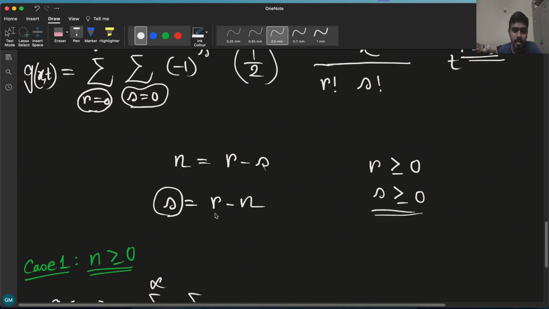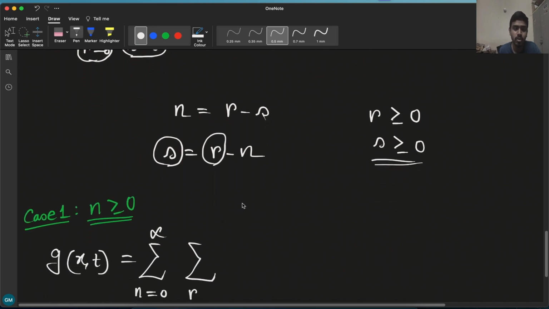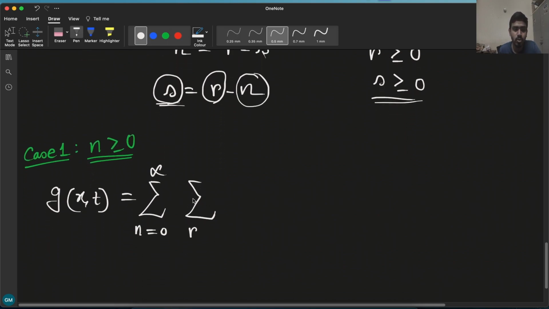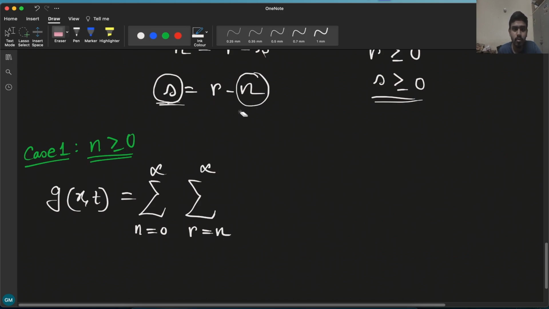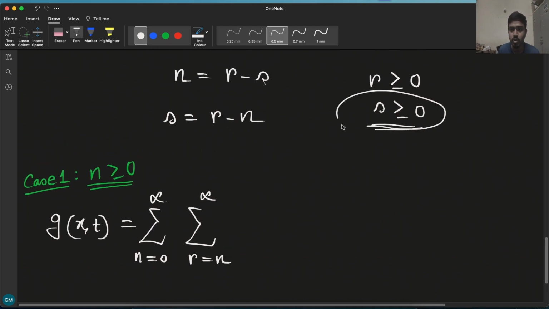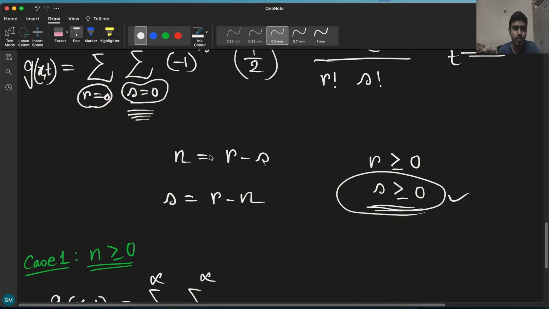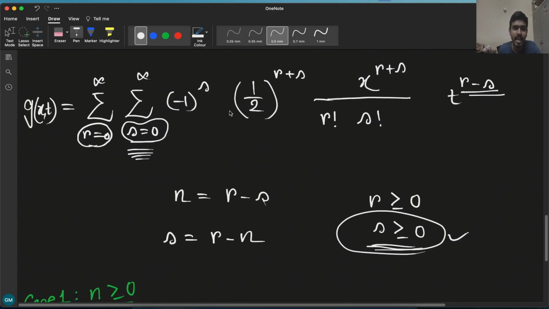So this r should not go from 0, because for any positive value of n, s can take negative values if r is going from 0. So r should start from n. In that case, s will start from 0. So r should start from n to infinity. For a particular value of n, r should start from n to satisfy this s greater than or equal to 0 condition, because our summation was starting from s equals 0. And I will replace this s with r minus n.